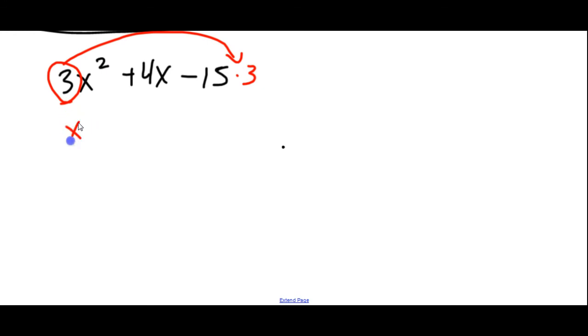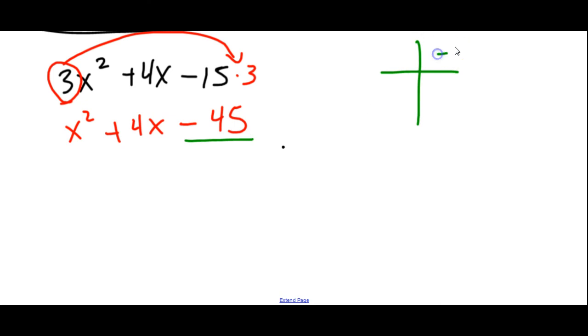And so we have x squared plus 4x minus 45, right? So we have that. Leading coefficient is now a 1. So now we can factor, right? We need two numbers that multiply to negative 45, but when you add it, it gives you a positive 4.